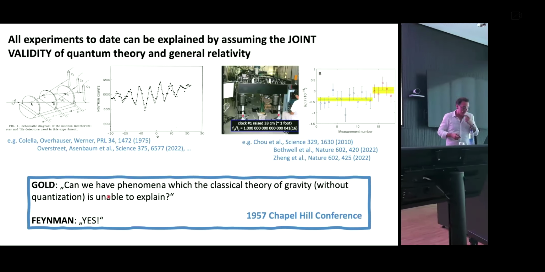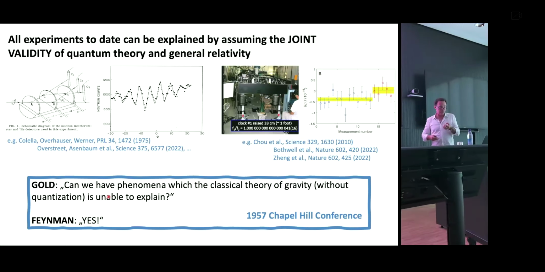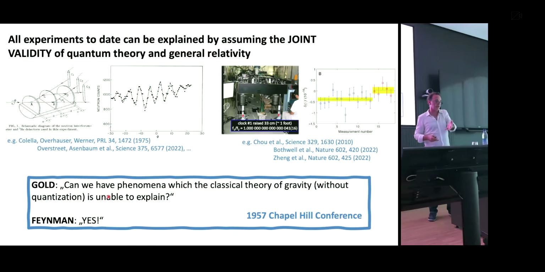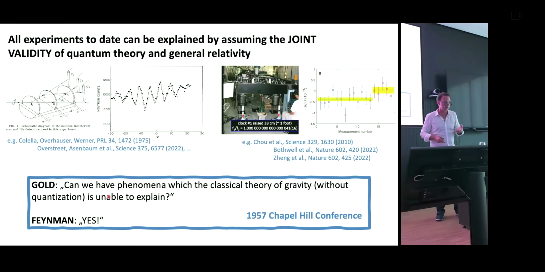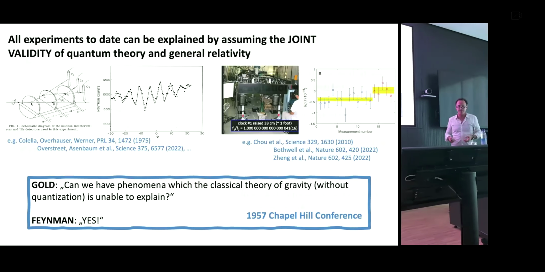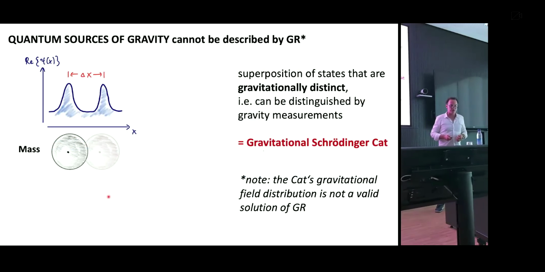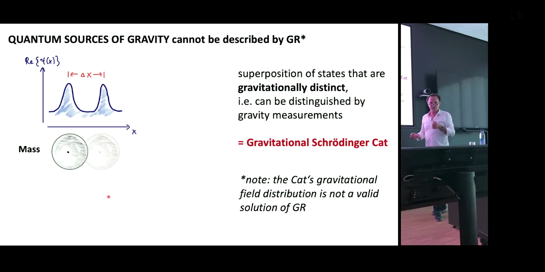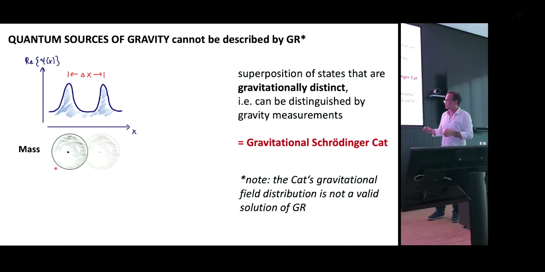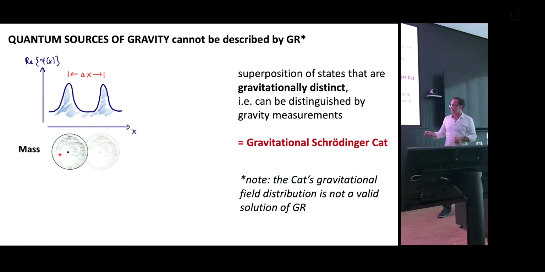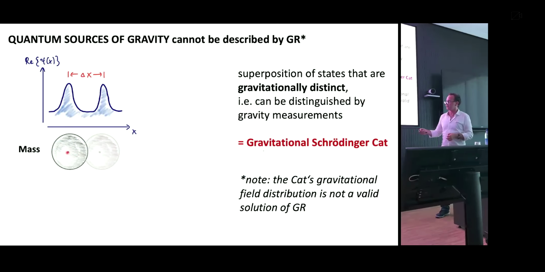And in order to produce such a phenomenon, what we need, and this is the content of my talk, is quantum sources of gravity. What do I mean by a quantum source of gravity? What I mean is we need, first of all, a system with sufficient mass that it produces a gravitational field. Then we take that system, let's say a center of mass degree of freedom, and we put it in a quantum superposition.